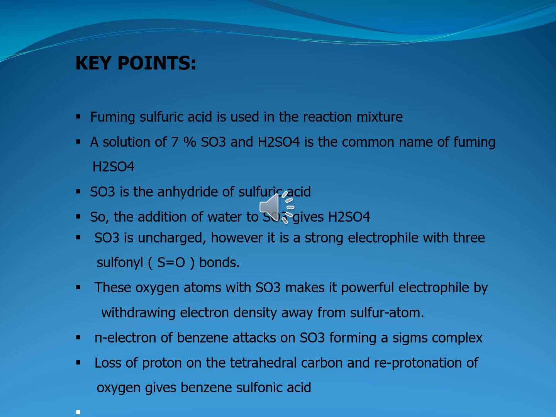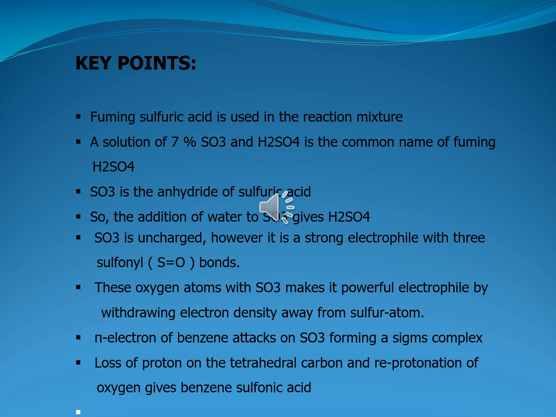Sulfur trioxide is uncharged. However, it is a strong electrophile with 3 sulfonyl bonds. These oxygen atoms make sulfur trioxide a powerful electrophile by withdrawing electron density away from the sulfur atom.